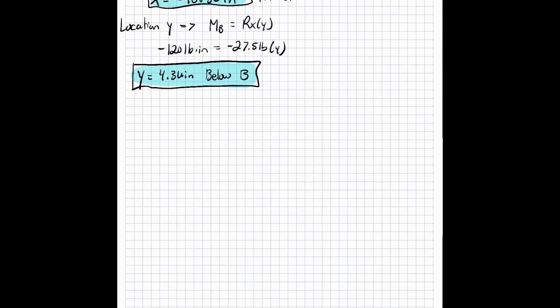To help visualize what this is doing, we have our diagram. We have points A, B, C. We have our x direction, which I'm labeling as x, and we have our y direction.